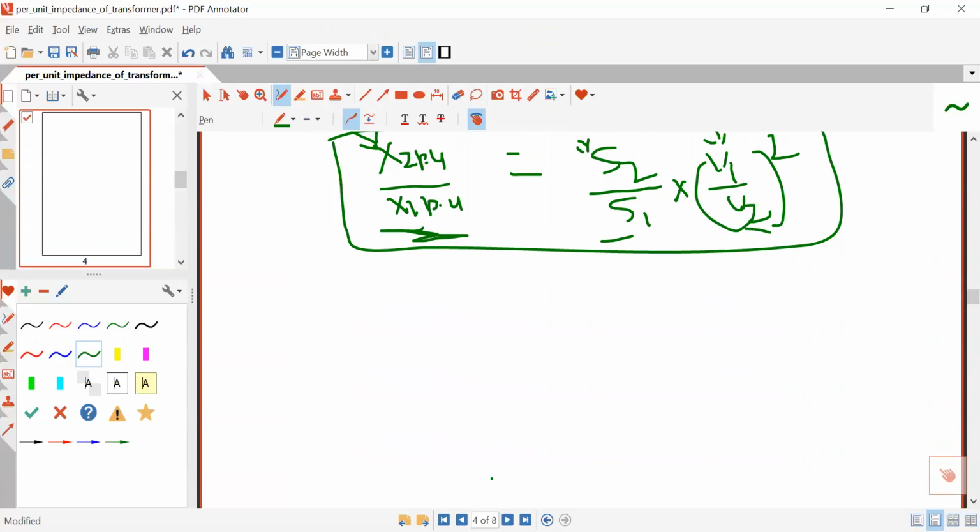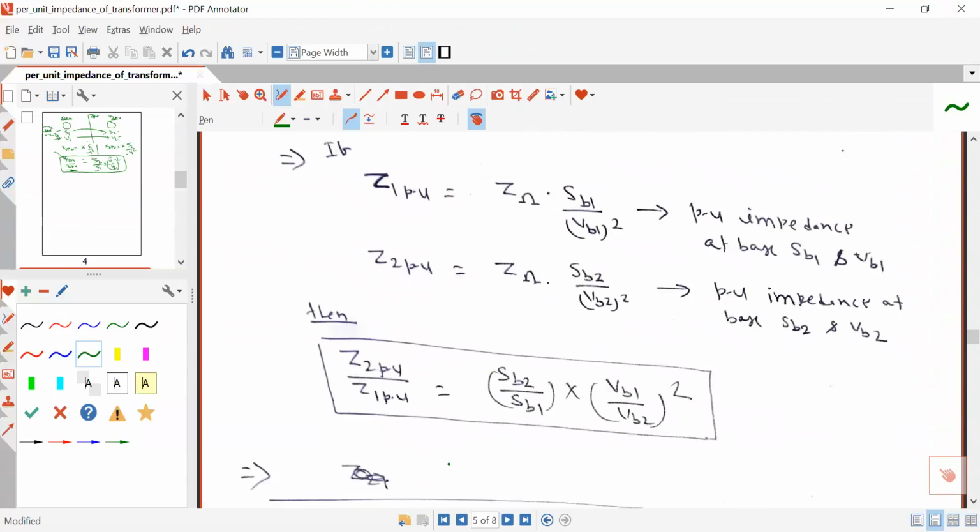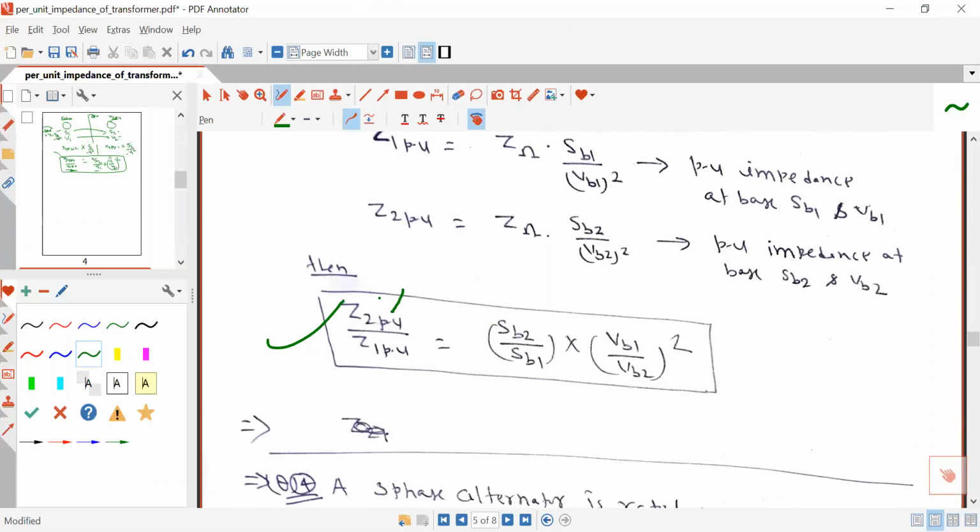For example, this is the formula. Here Z2 is the new impedance which you want to calculate, and Z1 per unit is the old impedance which is given in the problem.